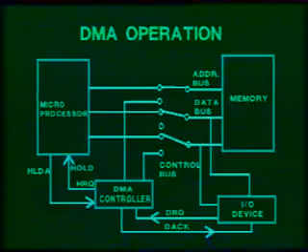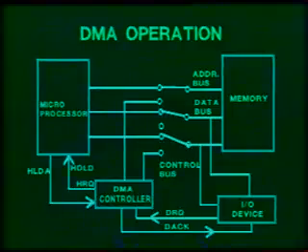In this diagram, you see three switches, one each on the address bus, data bus and the control bus. When direct memory access is not performed, these switches are connected such that the microprocessor is connected to the address bus, data bus and the control bus.